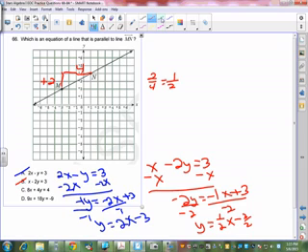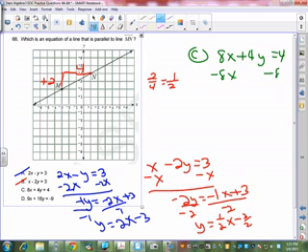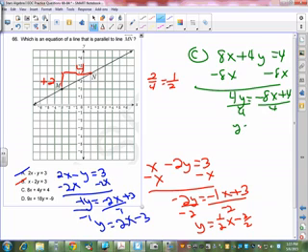Okay, let's try C. Subtract our 8x. We get negative 4y equal negative 8x plus 4. Divide by negative 4, and we get y equal to negative 2x plus 1. The slope isn't right, so that can't be it.